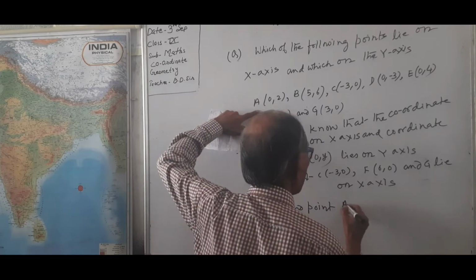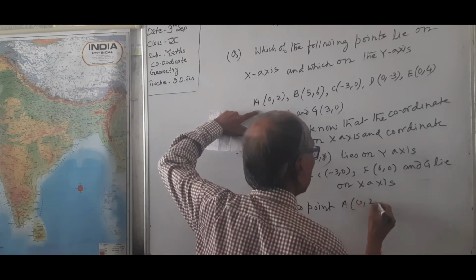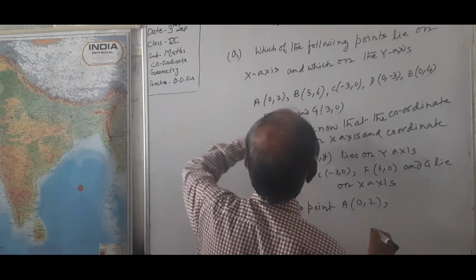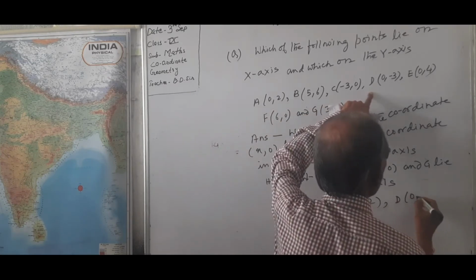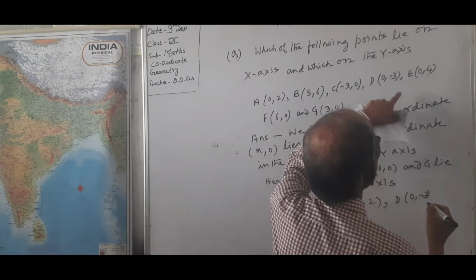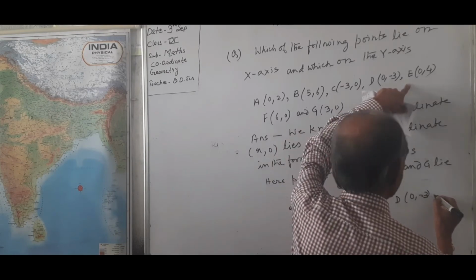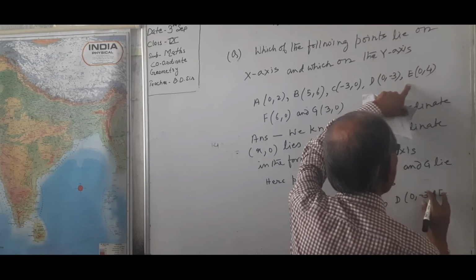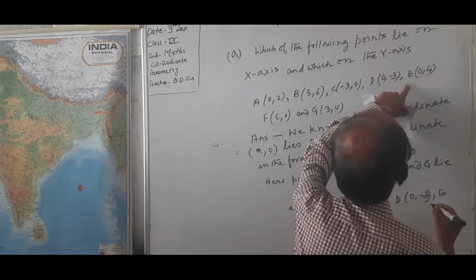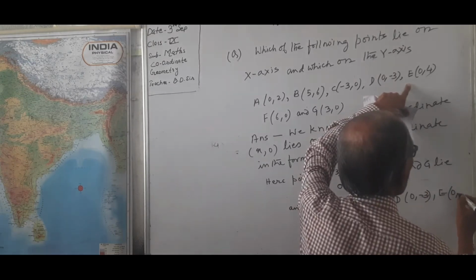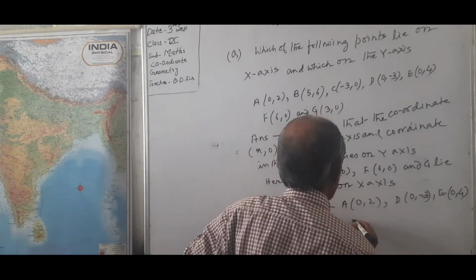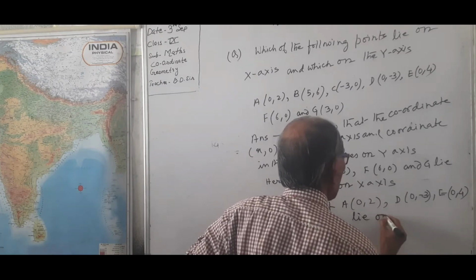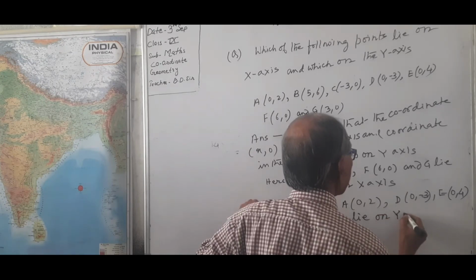A means (0, 2), D (0, -3), E (0, 4) lie on the y-axis.